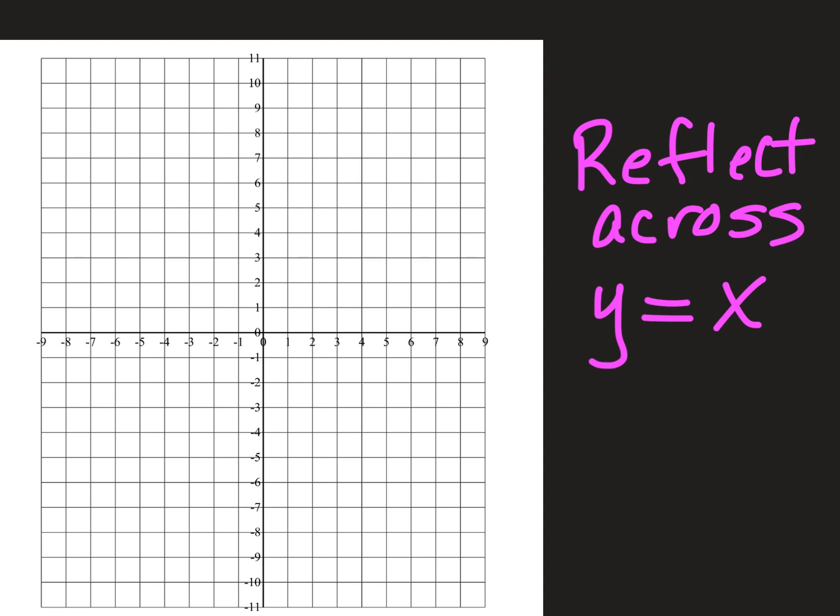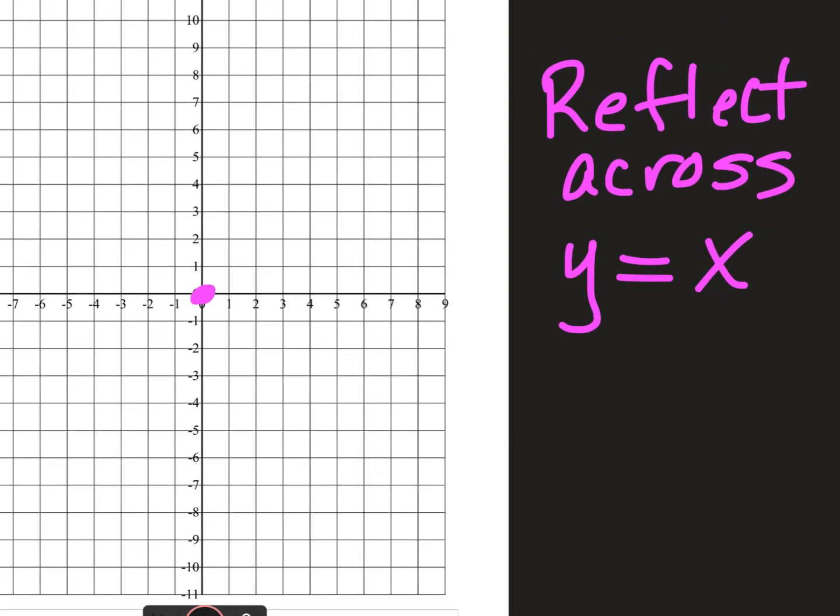The basic idea of this line is that your x coordinate and your y coordinate are the same. That's why it says x equals y. So for example, 0, 0 is going to be a coordinate because your x coordinate and your y coordinate are the same number. So by that logic, where would I put another coordinate to represent that line? Ethan, what you got for me? 6, 6. Exactly.